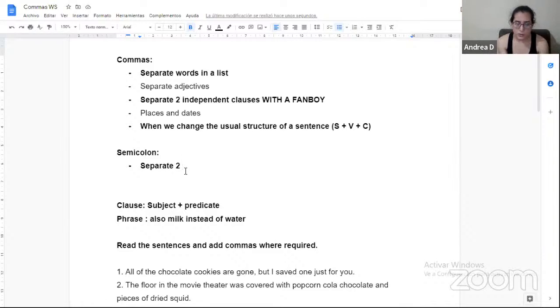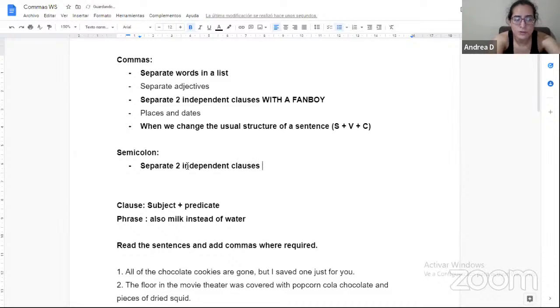Okay, yes, to separate two ideas, but what are the names of those ideas? Talking about the same thing. Yeah, but what do they need to be? If you're talking about ideas, they need to be clauses, right? Independent clauses. Good, so two independent clauses.